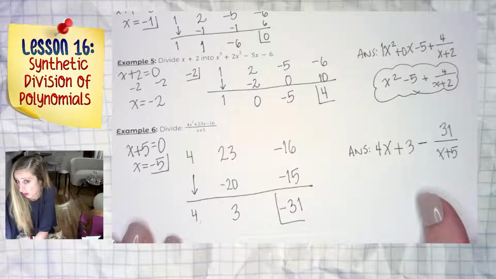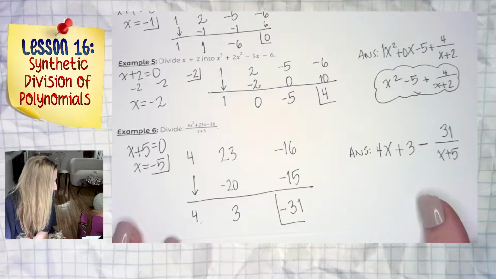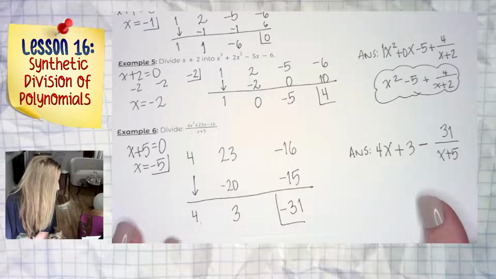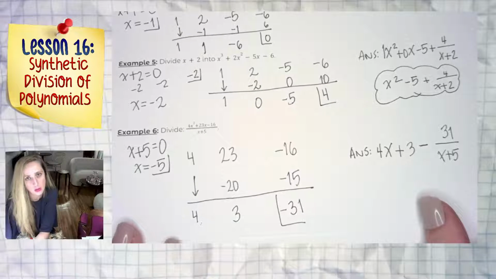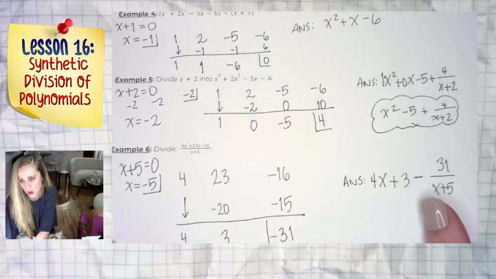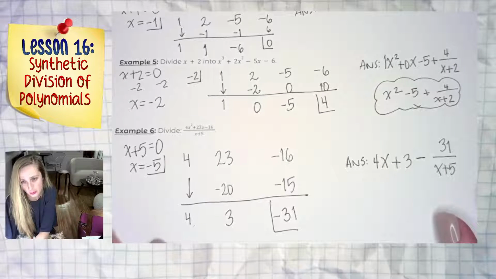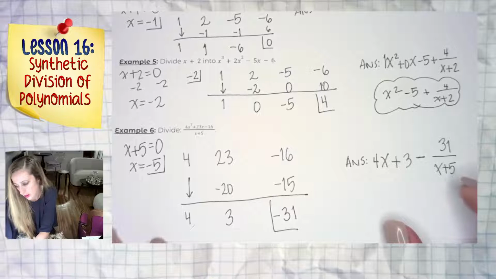Hopefully this is going okay. We have 6 more examples for you. I think that you can finish those on your own, and we will have those solutions in a continued portion of this video. So I hope this made sense.